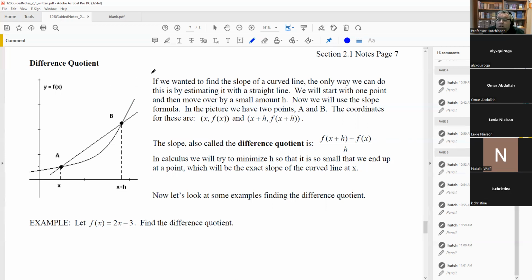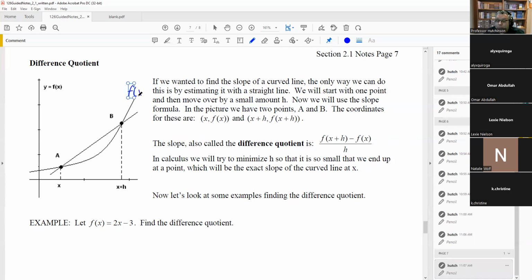Okay, so here's the basic idea with difference quotient. We know how to find the slope of a straight line. However, we're starting to get into situations where we might have a curved line. So this here, we're just going to call this curved line f of x. And we're going to find 2 different points on there. I'm going to write those coordinates here.